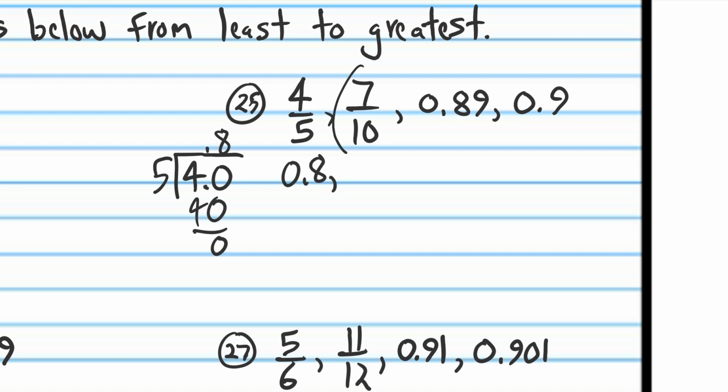So we could do the same thing with this fraction. Again, this method of dividing the numerator by the denominator always works. If you're just looking for one method and you want to memorize that one method, then that's the method you want to use to change a fraction to a decimal. You take the numerator and divide by the denominator using the long division algorithm. But I can see that we have a power of 10 in the denominator here, so that would just be a waste of time.